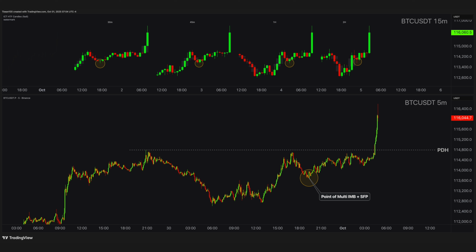So, what do we have here? Well, we got the previous day's high sitting right above, just waiting for us. And it is not only that. Right above the previous day's high, we also have the previous week's high line, a price level just sitting there, ready to be taken out.